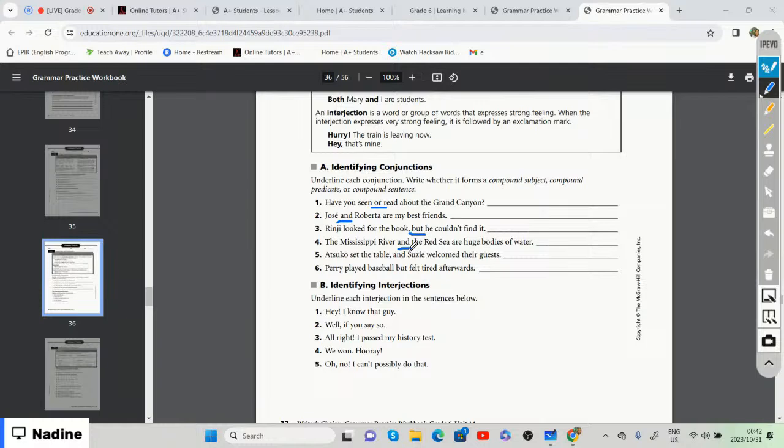And then we have Atsuko set the table and Susie welcomed their guests. All right, so if we select the correct one, we can say and, comma, and.